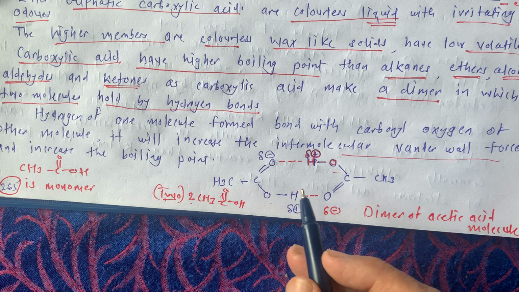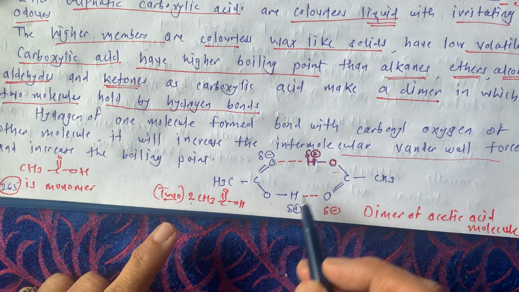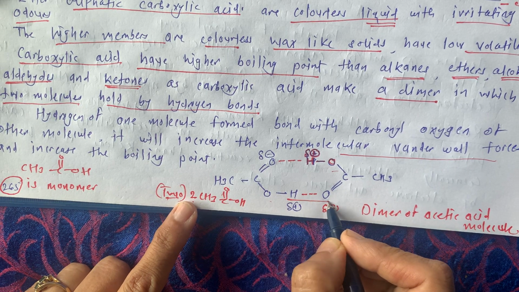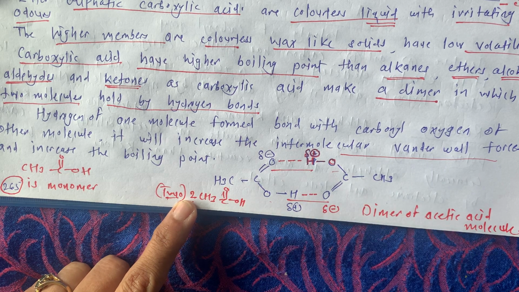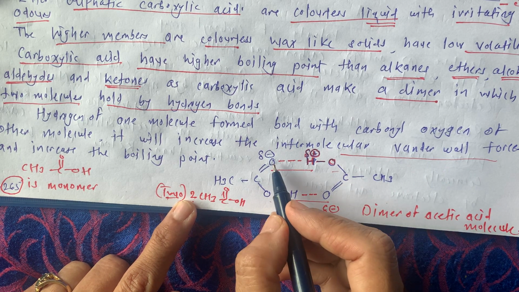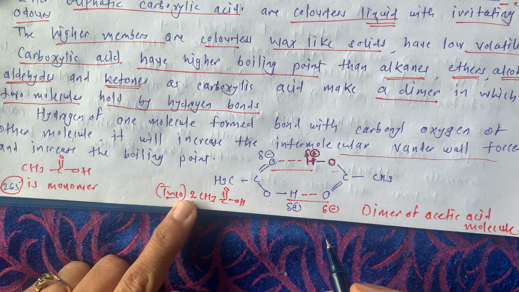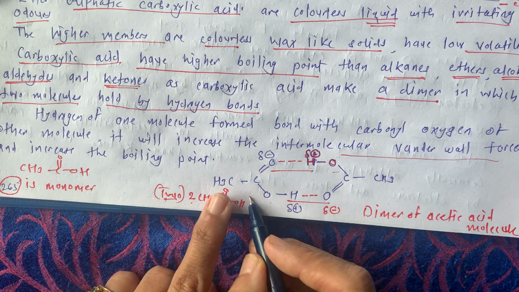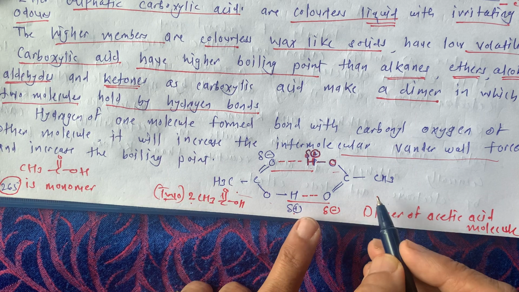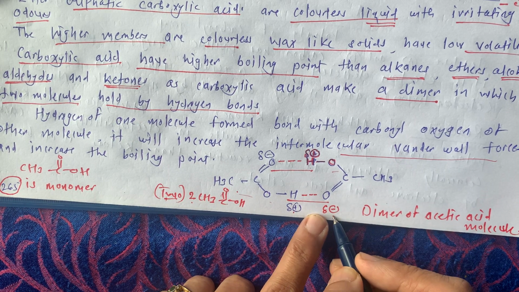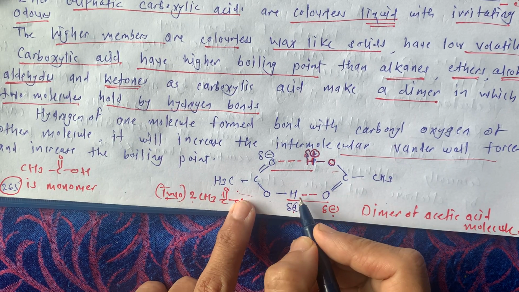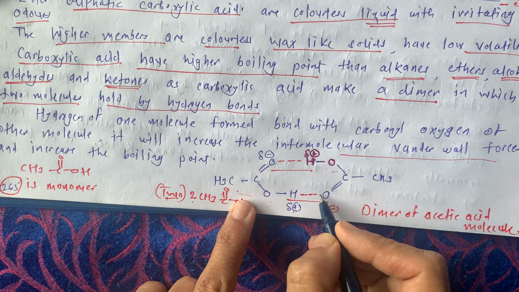Now how is this dimer formed? They are actually connected to each other by hydrogen bonding. This oxygen carries partial negative charge, while this hydrogen has partial positive charge. Similarly, this hydrogen of the other molecule has partial positive charge, while this carbonyl oxygen has partial negative charge, and they form a bond between these two.